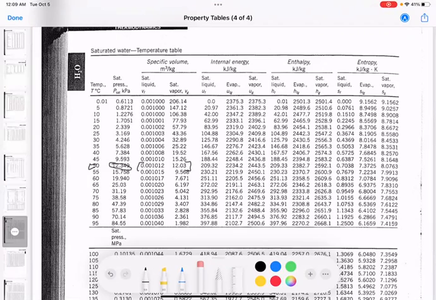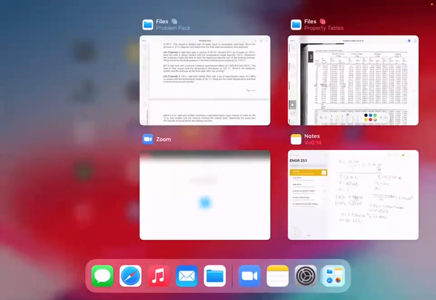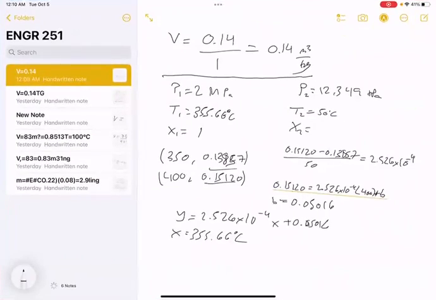That's how you calculate the quality. So our specific volume is 0.14 minus Vf, which is 0.001012, dividing that by the entire range of specific volumes, which is 12.03 minus 0.001012. And that gives us a quality of 0.012. As you can see, very low quality, still a mixture.